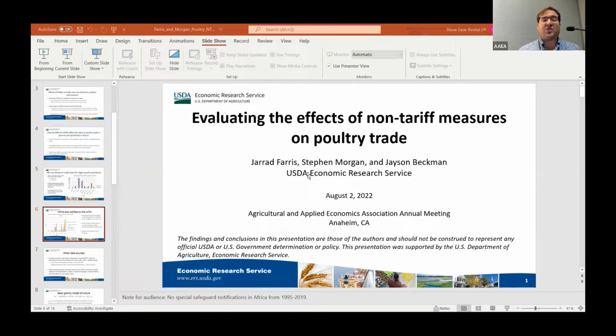This is how we actually achieve identification: because we include the domestic trade flows in the model, we're able to get variation between the effects of non-discriminatory NTMs on trade that goes outside of the country versus where they don't apply for internal trade. And then we also include exporter year fixed effects and importer year fixed effects.